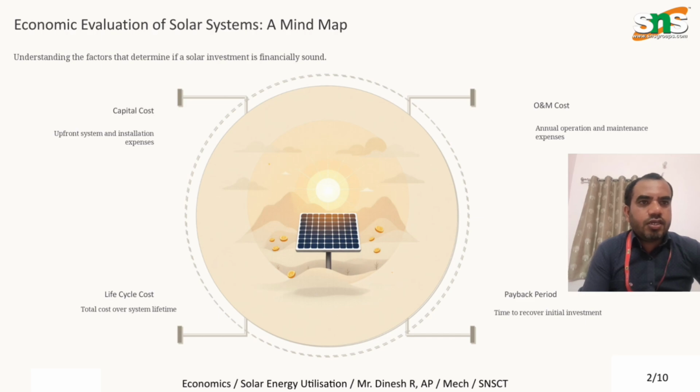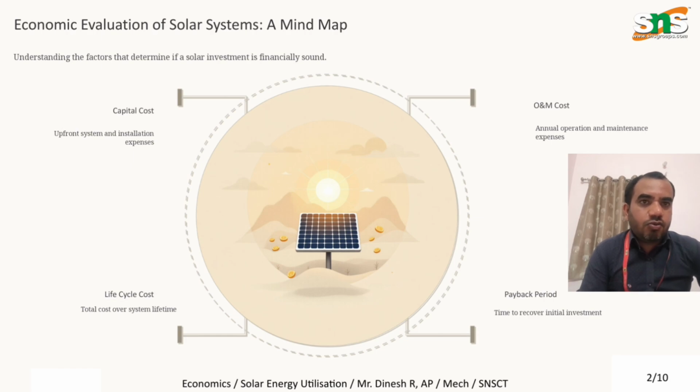Next one is O&M cost, the annual operation and maintenance expense. For example, how much the system operates and what maintenance we have done, calculated annually, is what we call O&M cost.